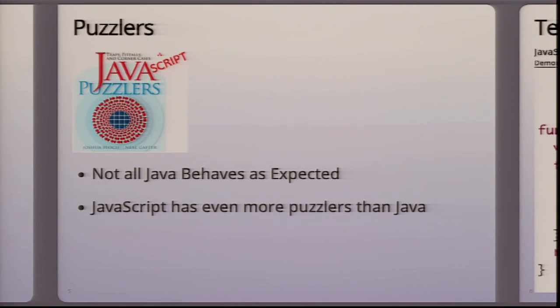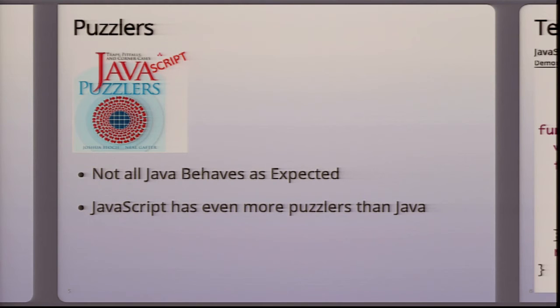I kicked things off introducing this as puzzlers. One of the best-selling books is Java Puzzlers, and you're always amazed at what actually happens with a particular line of code, and some of the smartest people you know can never figure it out. Well, in JavaScript there are puzzlers everywhere.